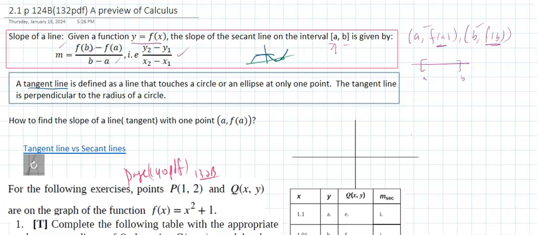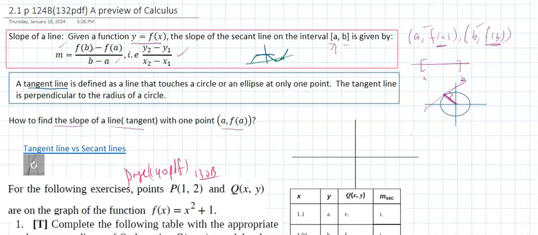So if you could imagine that you're looking at a circle, we think of a tangent line as a line that touches the curve at 1 point, and if you draw the radius, it's perpendicular to the radius. Of course, you don't have to draw a circle, but you have to kind of imagine it when we're doing this. So the goal is to find the slope of a tangent line.